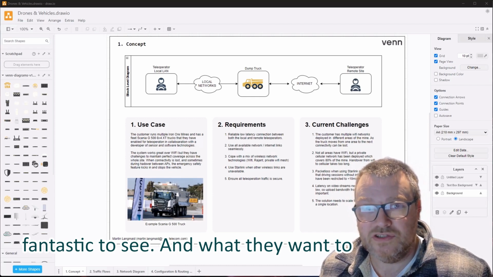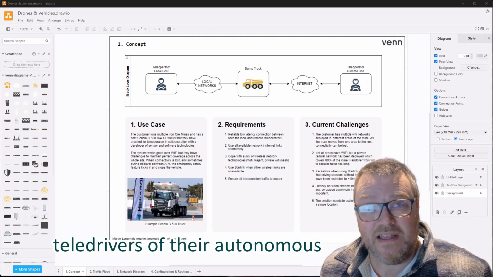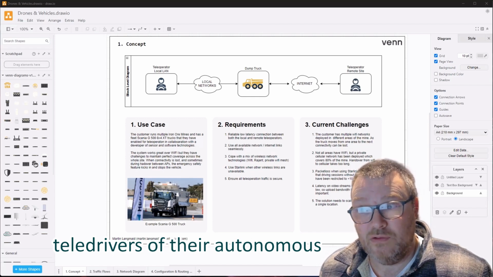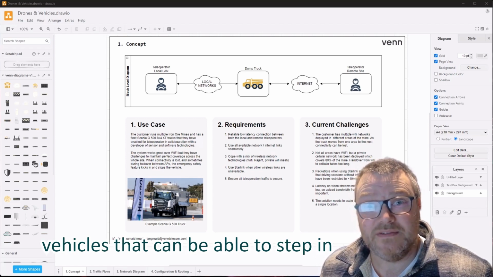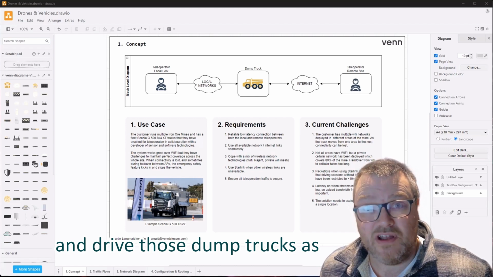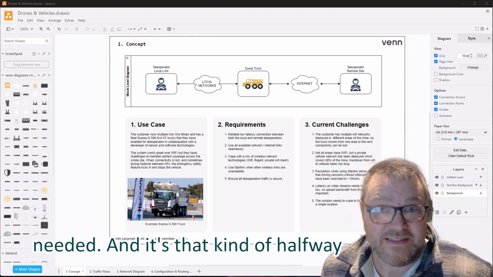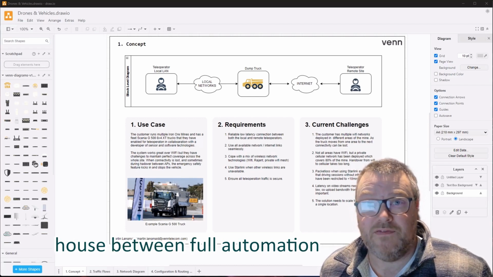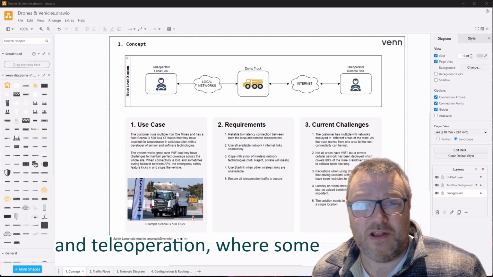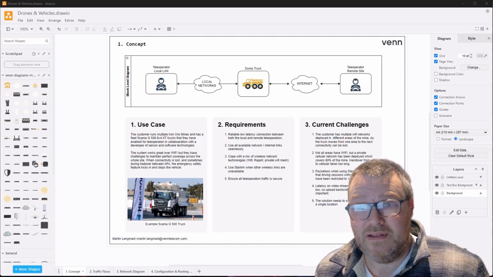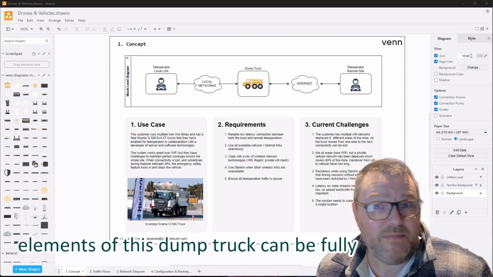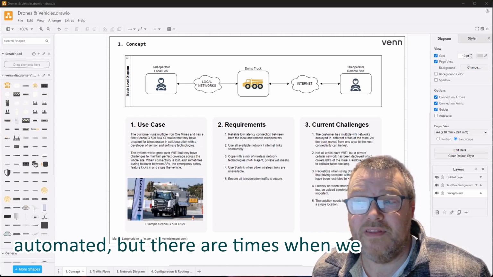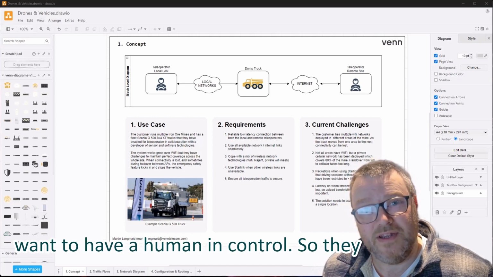And what they want to do is have teledrivers of their autonomous vehicles that can step in and drive those dump trucks as needed. It's that kind of halfway house between full automation and teleoperation, where some elements of this dump truck can be fully automated, but there are times when we want to have a human in control.